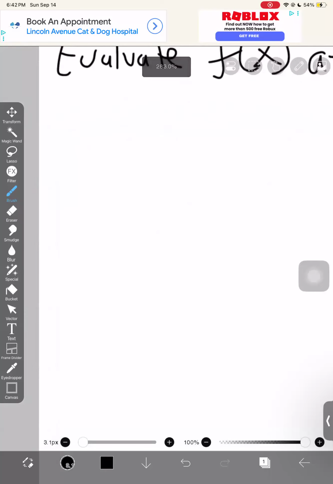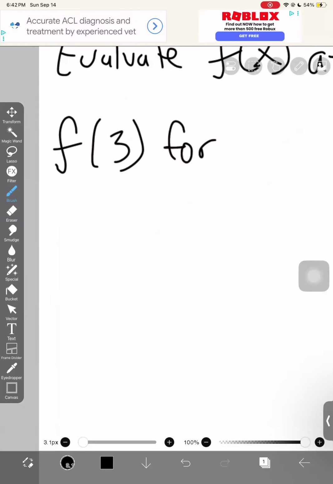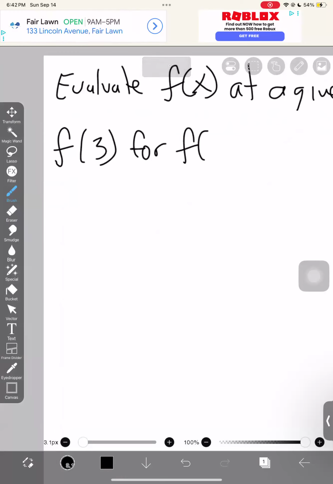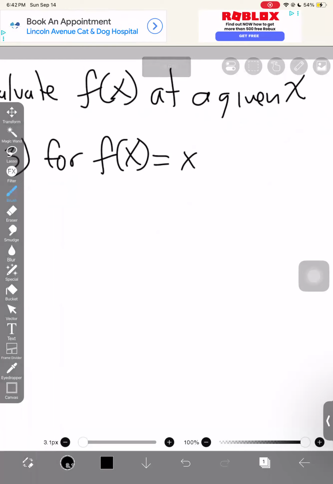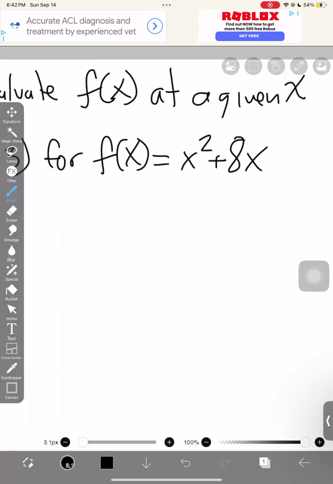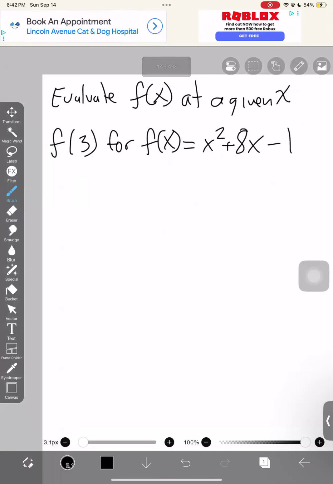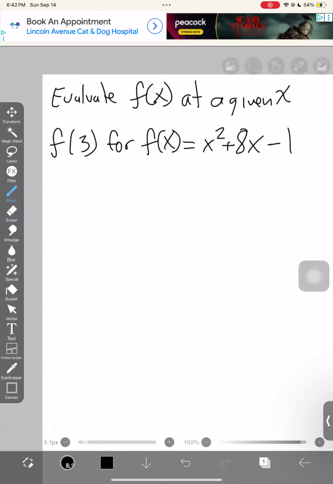So they say, right, all this really means is for every X that I have, I'm going to plug in 3.